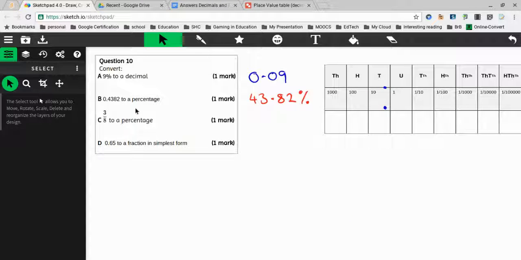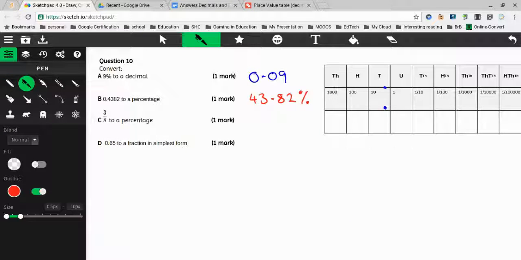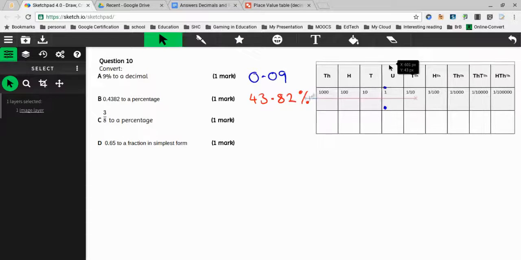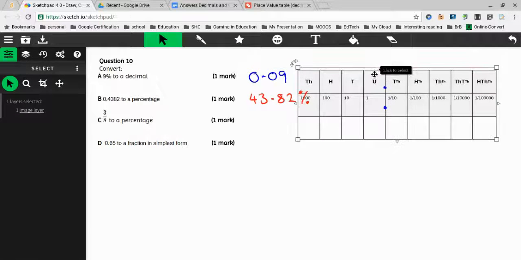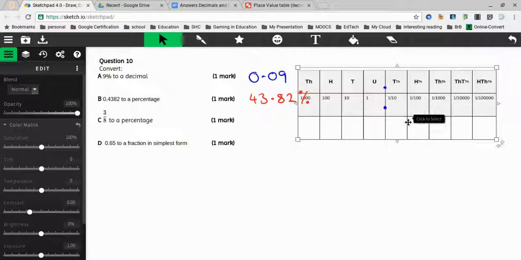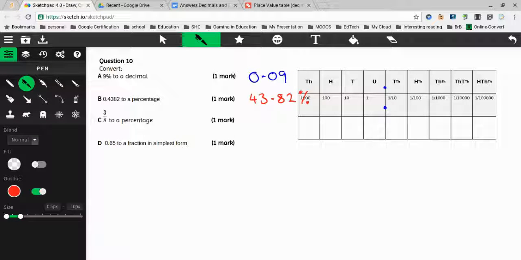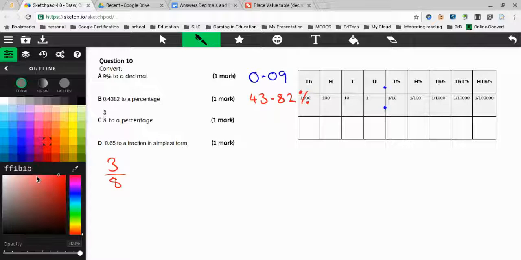Okay, so 3 over 8. This is obviously not a fraction that we can use in our place value table here. So what we need to do is convert our 3 over 8 to something out of 100, don't we?